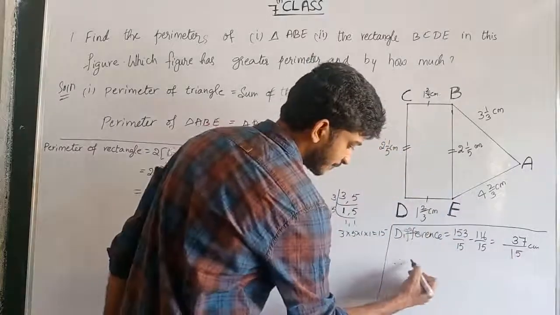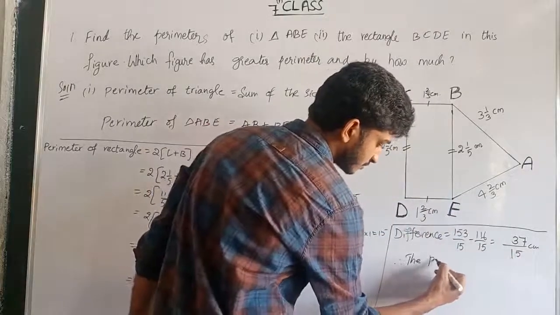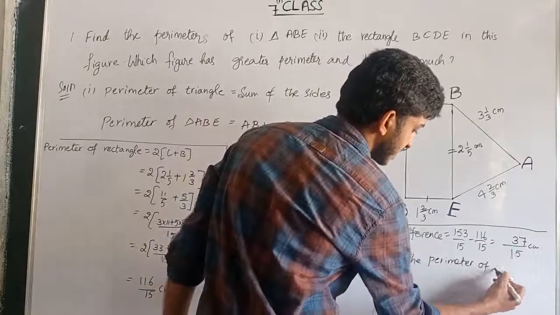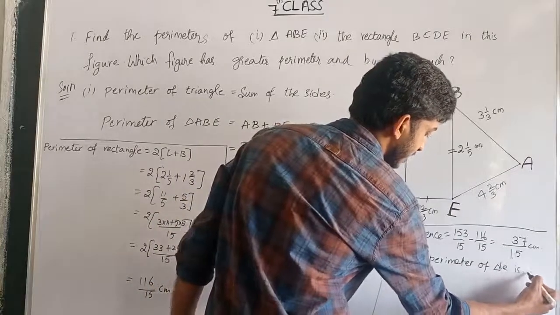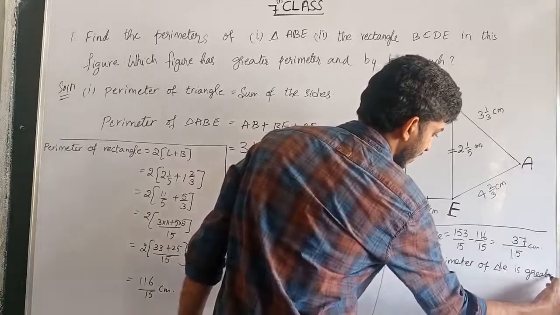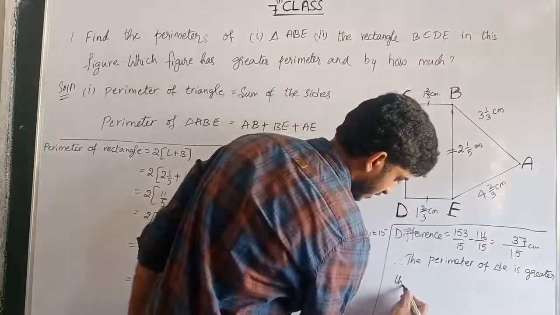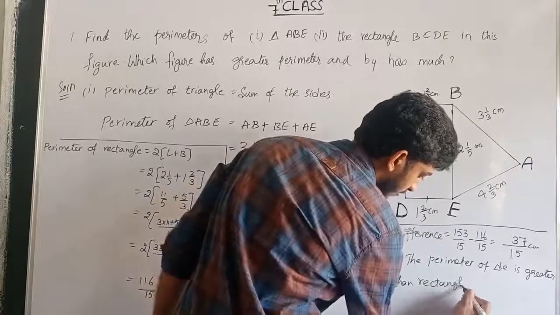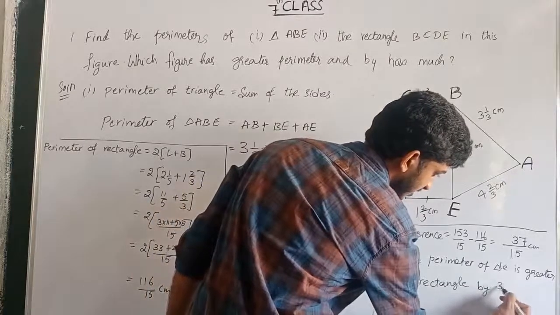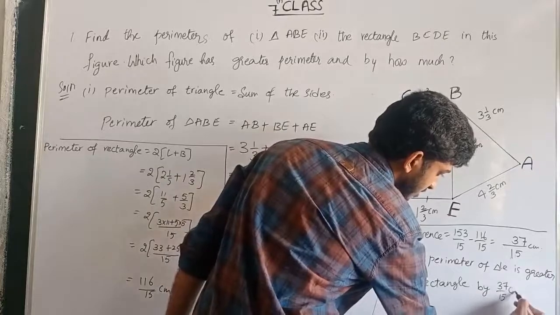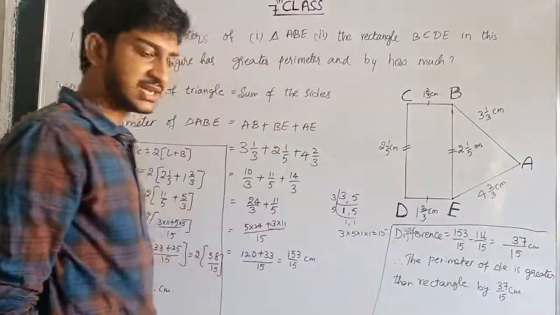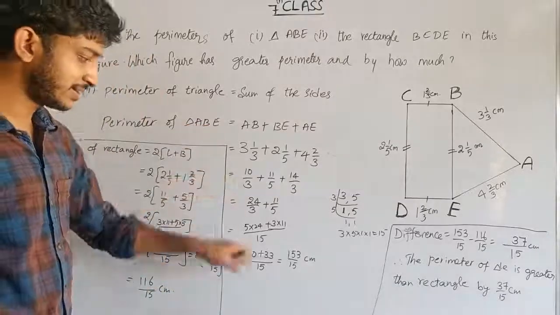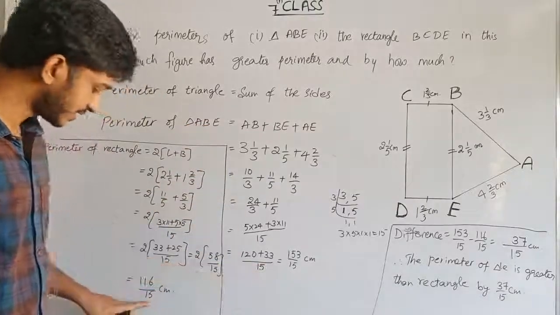Therefore the perimeter of the triangle is greater than the rectangle by 37 by 15 centimeters.